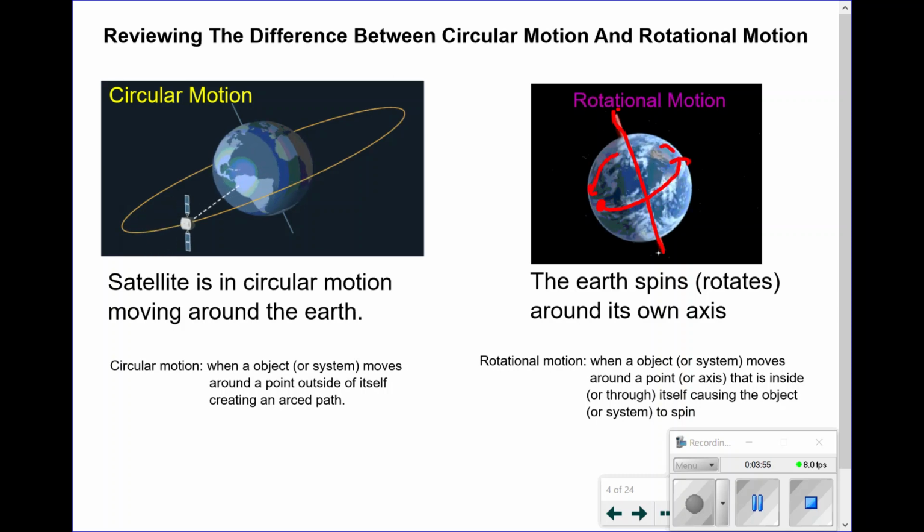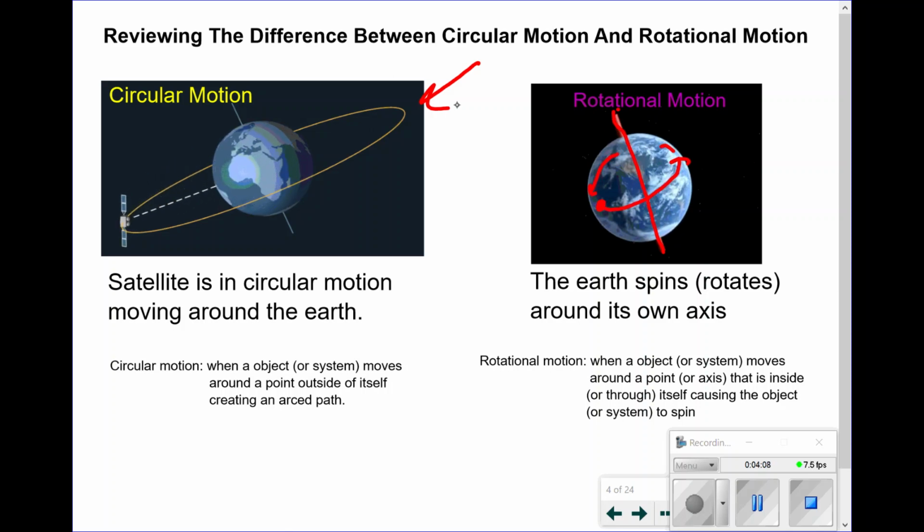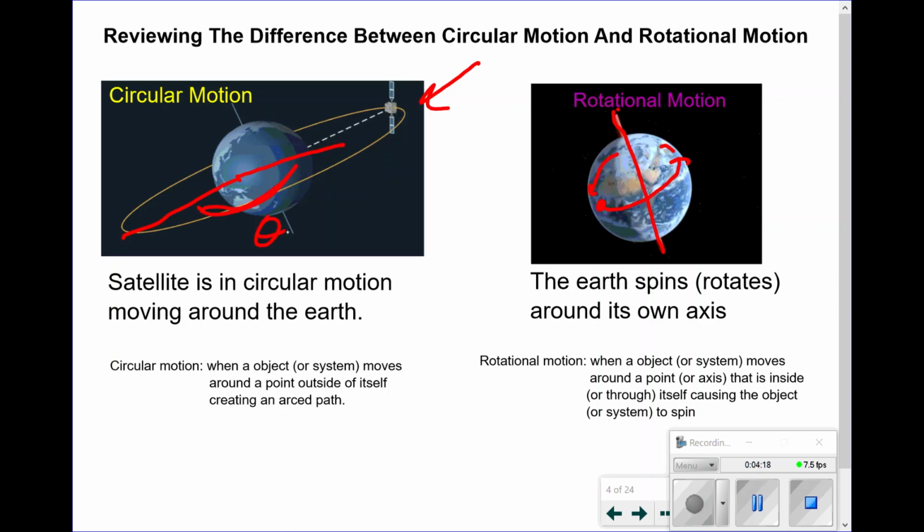Likewise, if I look at the satellite going in a circle around the Earth, while I do see a point, which is the satellite, moving in a circle, I could instead focus on the radius. And I can see that over a period of time, the radius sweeps through an angle. So I could actually view the satellite as a point on a disk that is rotating.